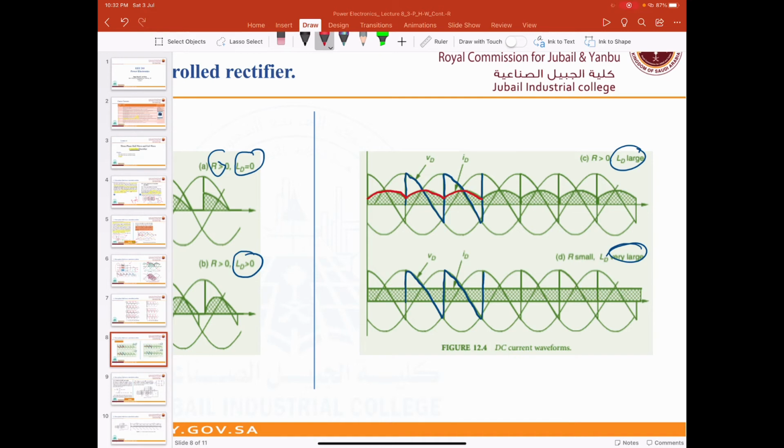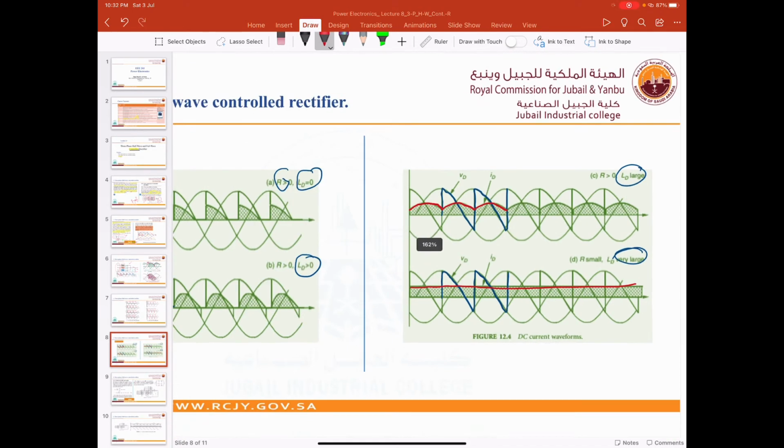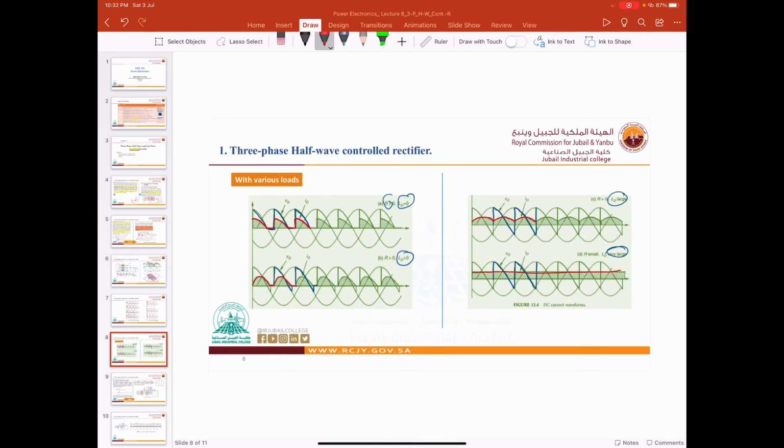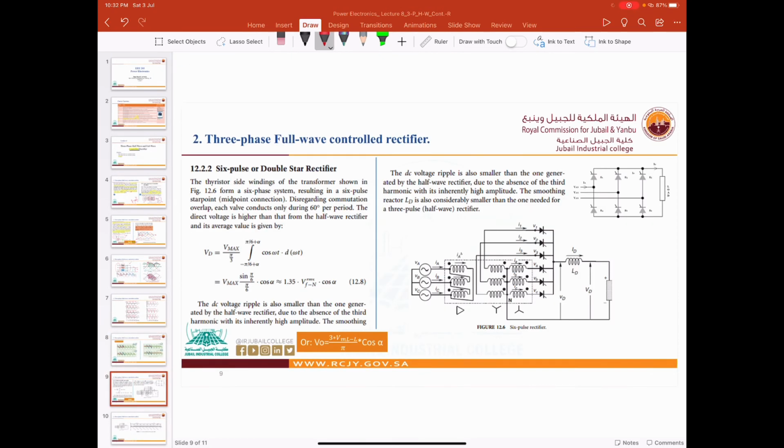If we have a very large inductive load, there is no time to discharge and charge. That's why we will have a very straight line output current, DC current. So this is if we have a very large inductive load. Now that's all about the half wave controlled rectifier.